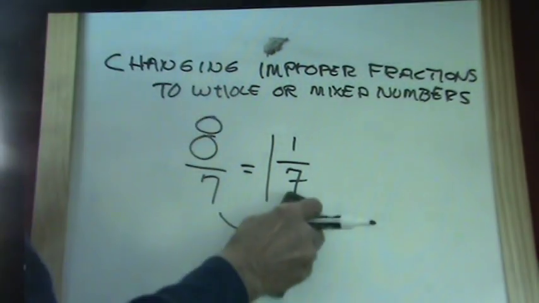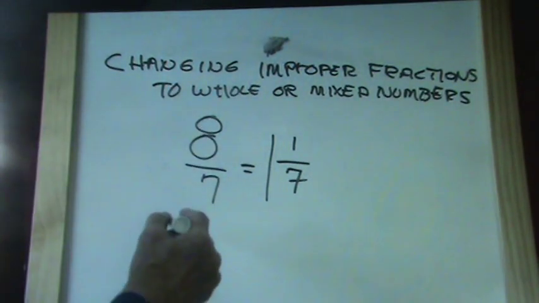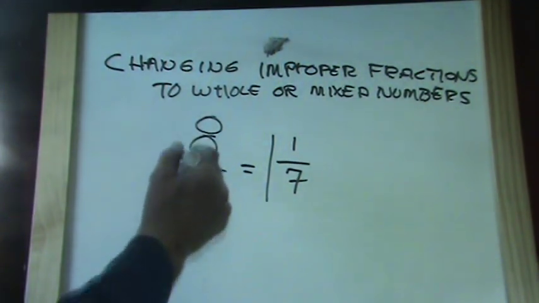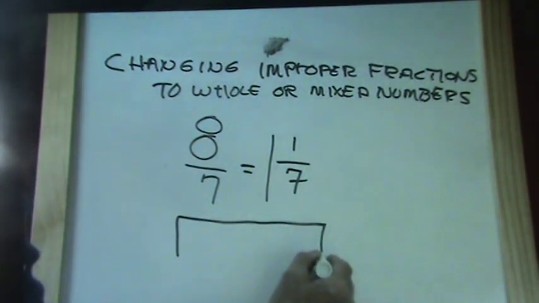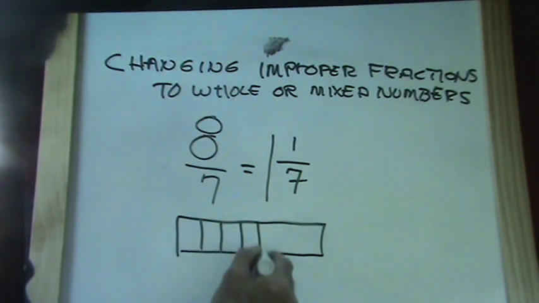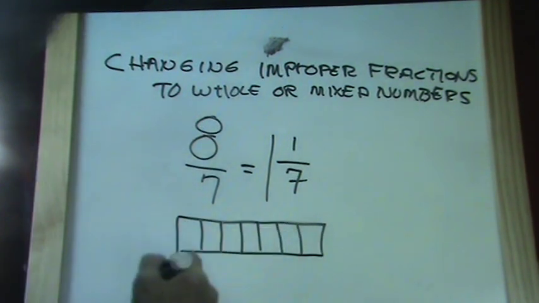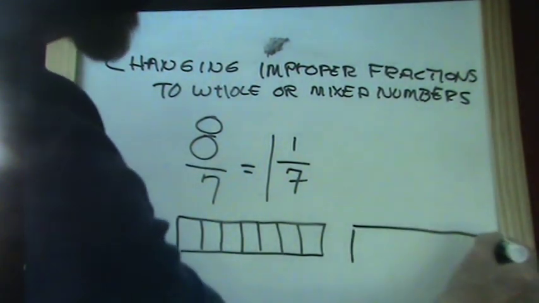And if we look at a graphic representation, if I had 8/7, well, 8/7 would be 1, 2, 3, 4, 5, 6, 7. And I need 8 of them.